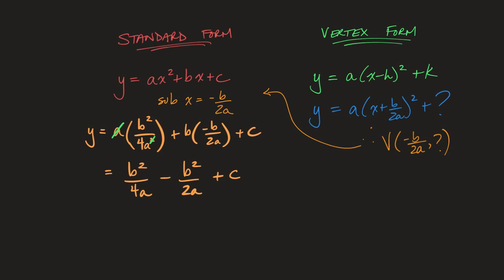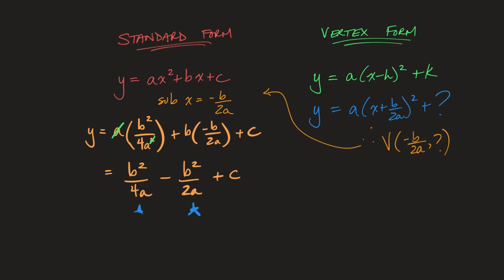Now, I want to stop there for a moment, because for some of you, you will be able to see something that will always occur right on that orange line. Look at your first two terms, b squared over 4a, b squared over 2a. And you should notice something very important.